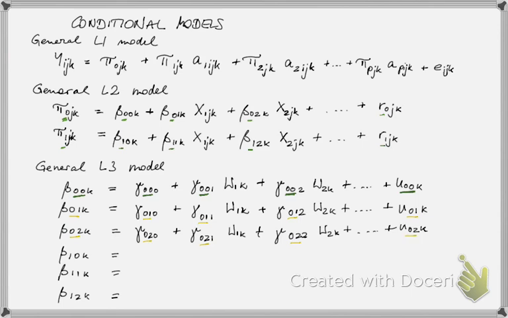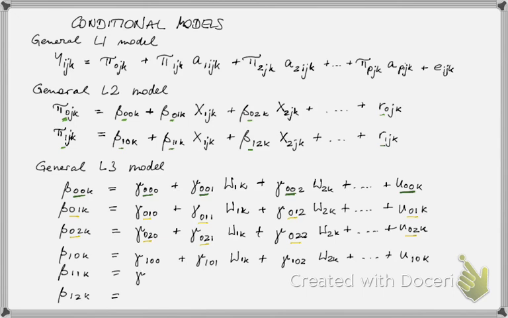And now we're going to move into the beta 10k. So we're going to get a gamma 100 plus a gamma 101 plus a gamma 102, and so forth until we get to U10k.